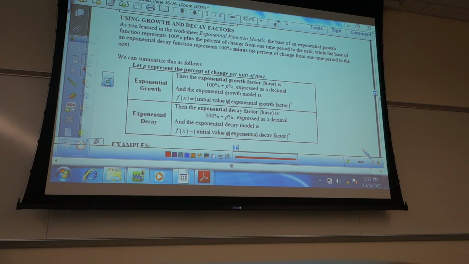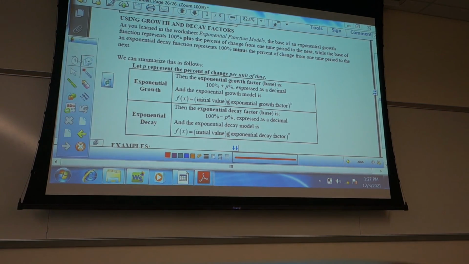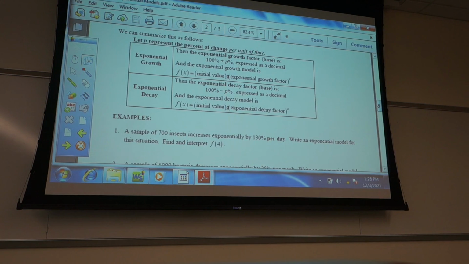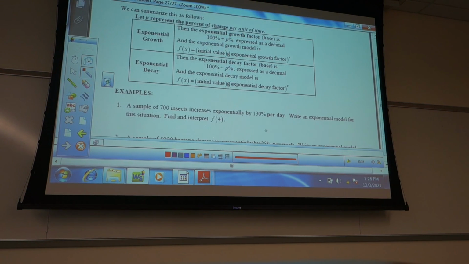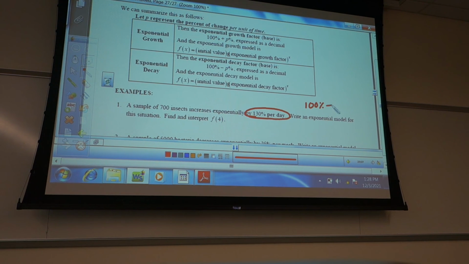I'll show you one quick example. So here, it increases by 130% per day. So this is how much I'm increasing. So I have 100%. I'm going to add 130%. So then I'll have 260%. Everybody with me on that part? Maybe 230? Oh, sorry.